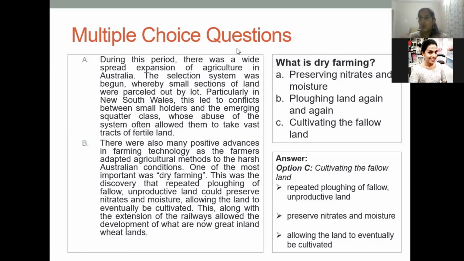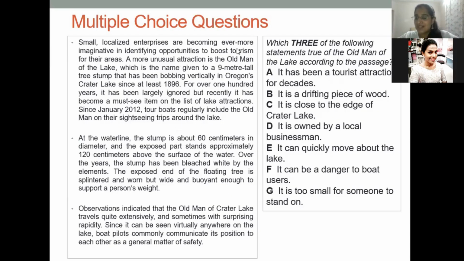The only thing is, you will have either 5, 6 or 7 options, out of which you'll have to pick some number of options as given in the question. You have a passage, and an instruction which tells you how many true statements you have to pick from the list of options. It could be 3, 4 or 5 depending on the number of options given to you. Is it clear? Yes, we need to do the same thing. What is it?